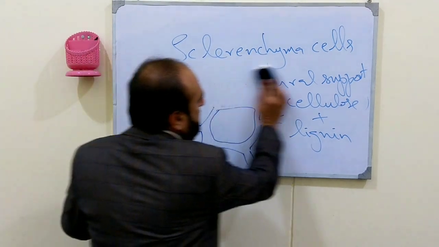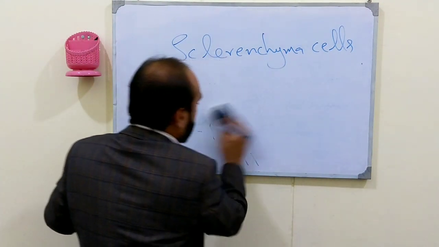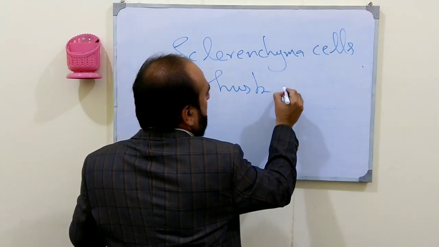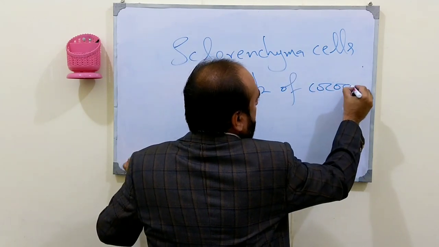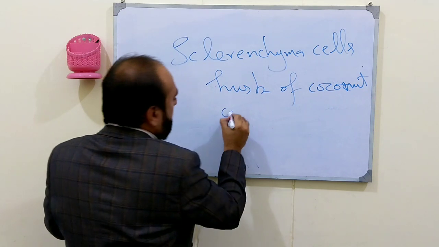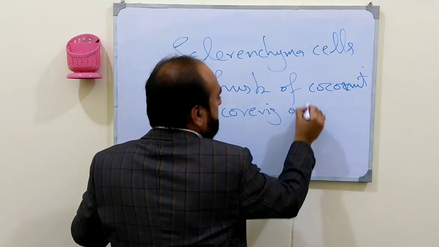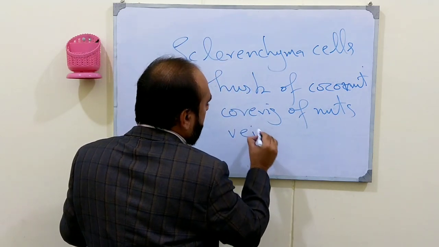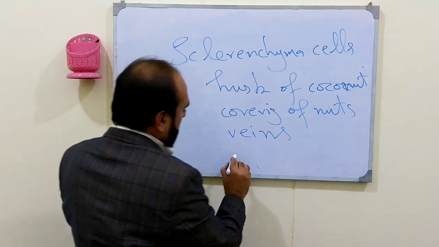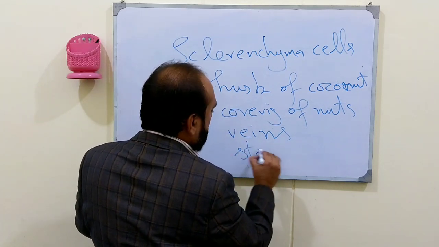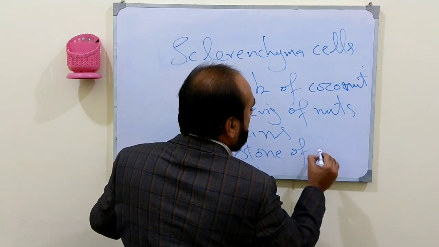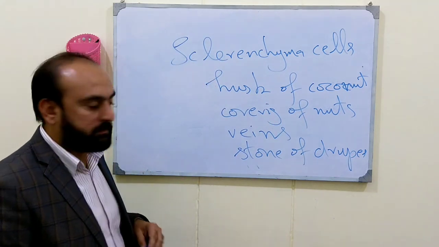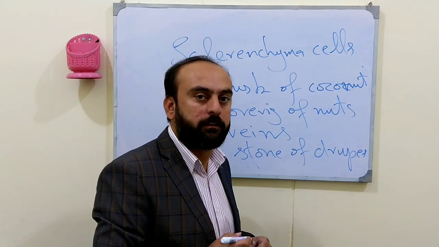These sclerenchyma cells are found in hard parts of the plant, such as the husk of a coconut, the covering of seeds such as nuts, in leaf veins, as the stone of drupe fruits such as cherries and plums, etc. So they are found in harder parts of the plant.